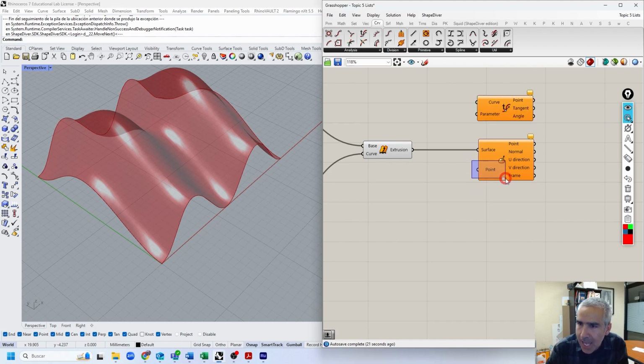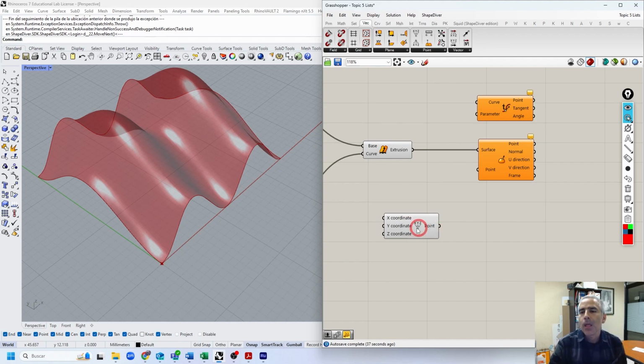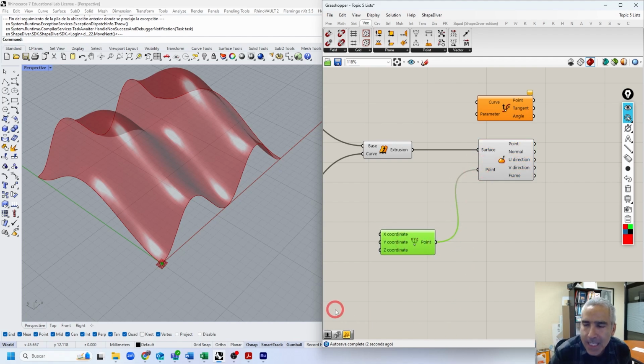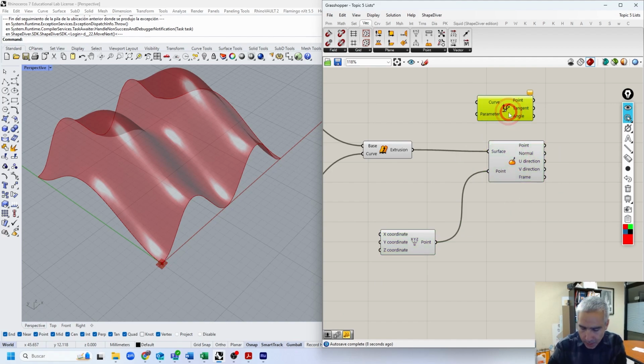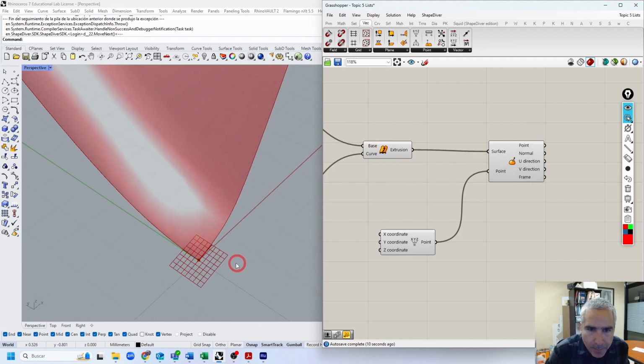Here it asks us for a point, and if we hover the cursor, it's a UV coordinate. I'll get to that in a minute. So let's just go to vector, point, construct point, and connect that there. So you can see that this component is now working, and it's giving us a bunch of things.